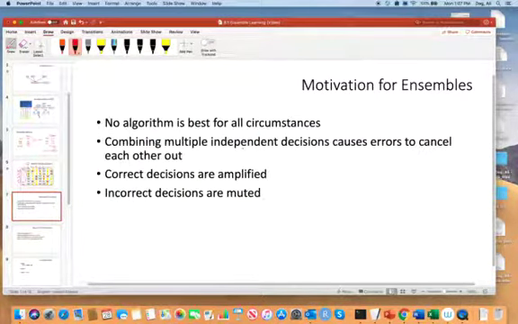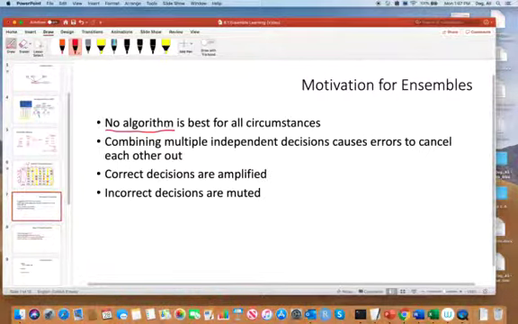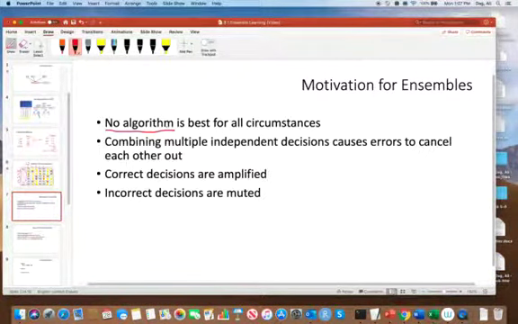So the motivation behind it: no algorithm is best for all circumstances. One algorithm will do well for a certain data set and certain conditions, and then another algorithm does better on a second data set, and so on and so forth. So we always make trial and error by using these models on the data sets.